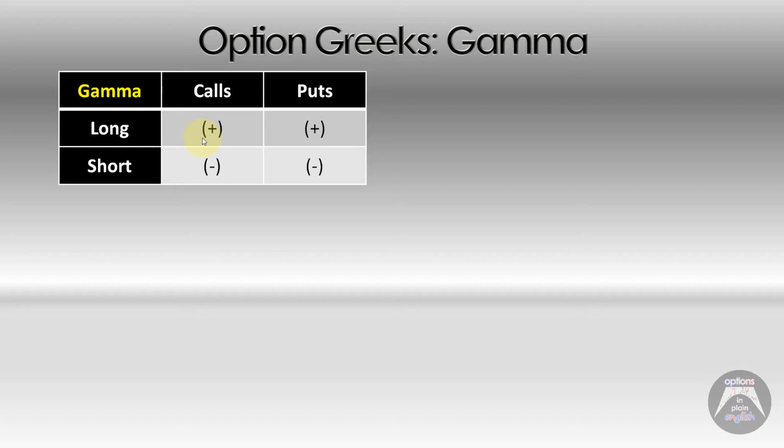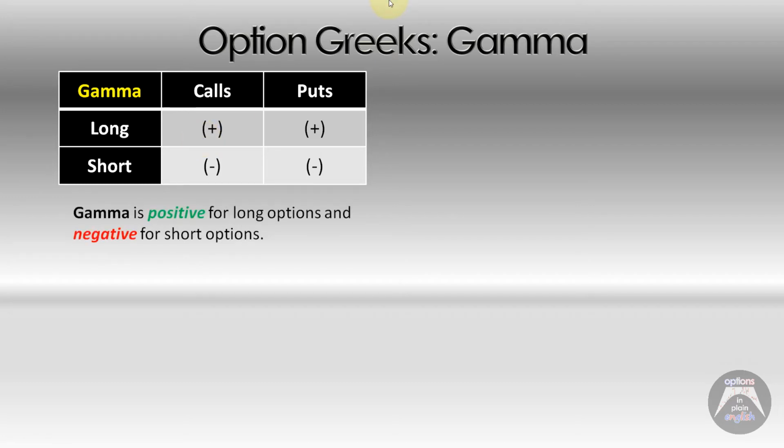So when the price is moving in your favor, you start getting more delta so that your profits are accelerating. The same thing happens on the opposite side. If it starts moving against you, then it's going to start decreasing the delta so that move down starts hurting you less and less. So it's always good to have positive gamma, but it has a price, and this is what we're going to see here in this lesson.